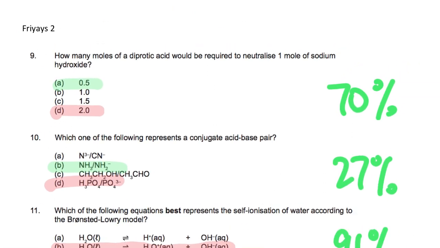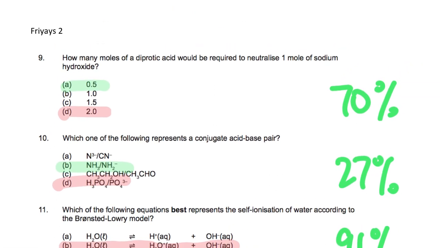Okay, so the first question was: how many moles of a diprotic acid would be required to neutralize 1 mole of sodium hydroxide? Remember that a diprotic acid has 2 hydrogens to give away, right?